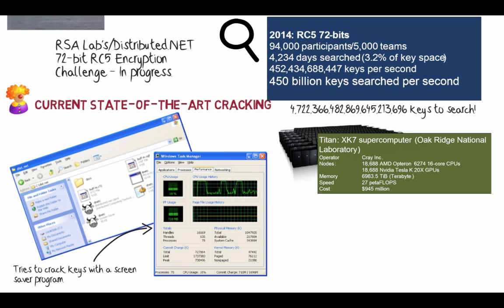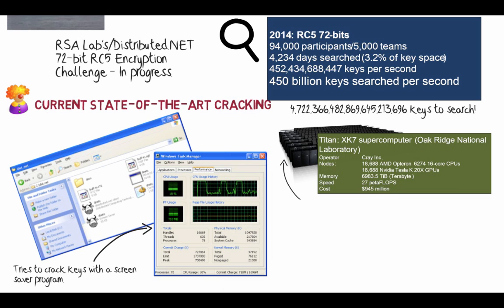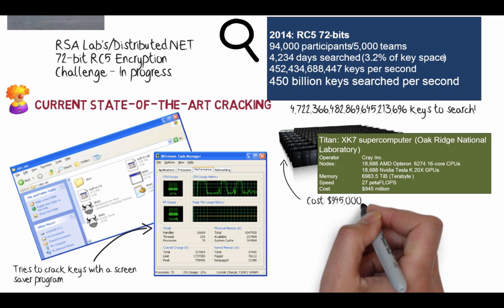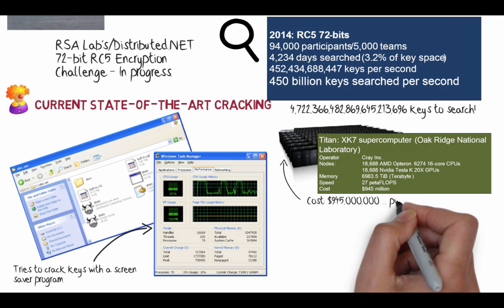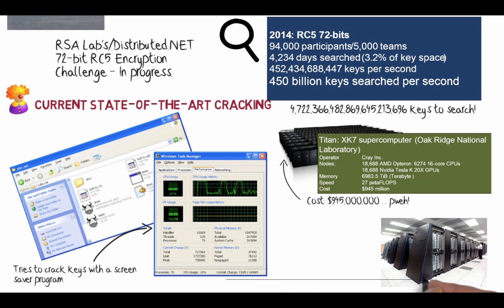It has about 7 terabytes of memory with a speed of 27 petaflops. Total cost, unfortunately, is $945 million. It's an expensive computer.